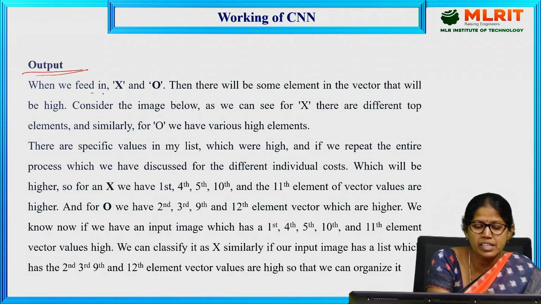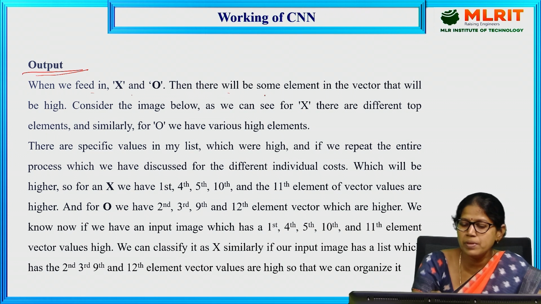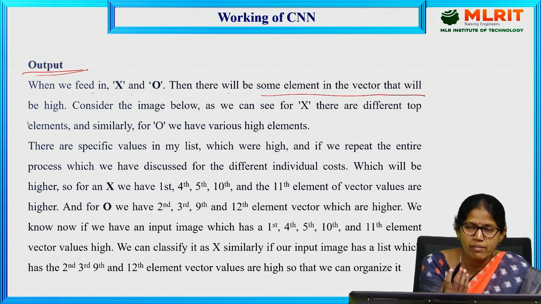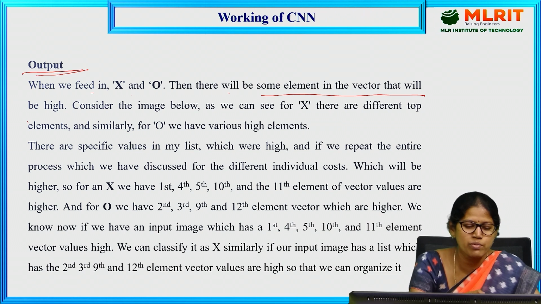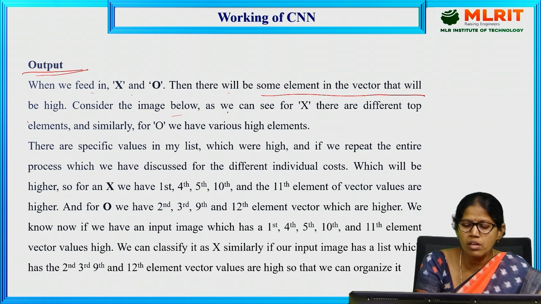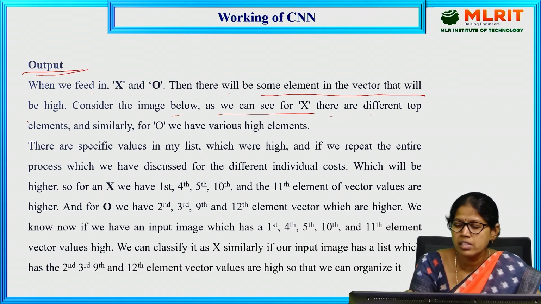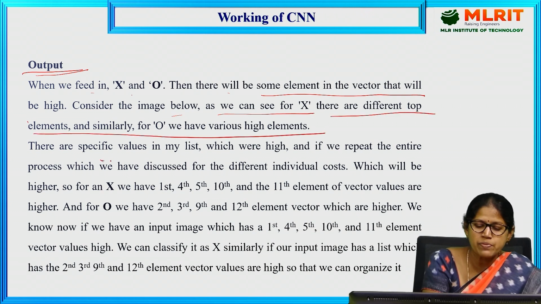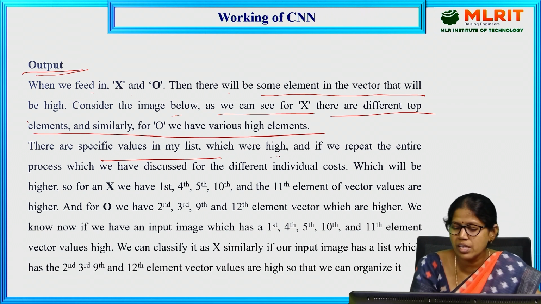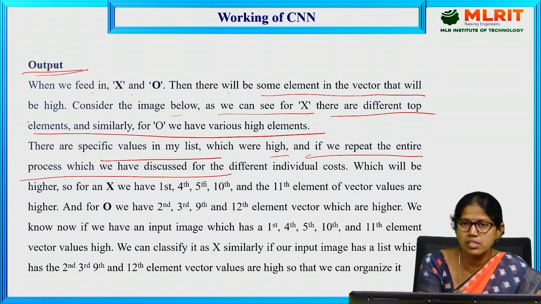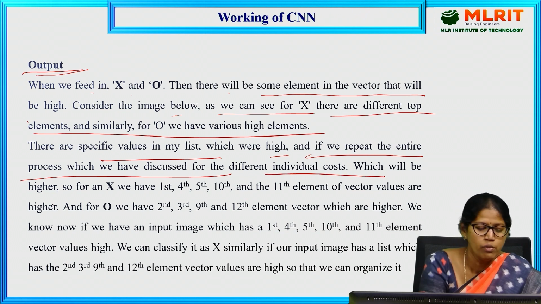When we feed X and O, there will be some elements in the vector that are high. Whatever high values there are, we consider those values. Consider the image below. As we can see, for X there are different top elements, and similarly for O. There are specific values in the list which were high, and we repeat the entire process we have discussed for the different individual classes.